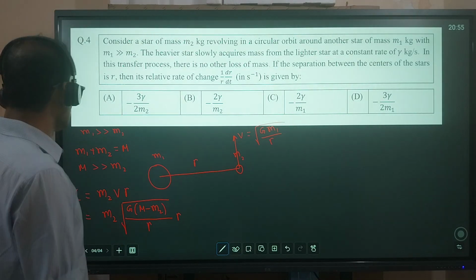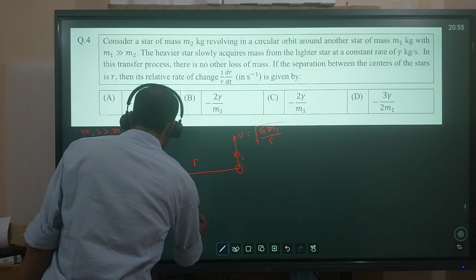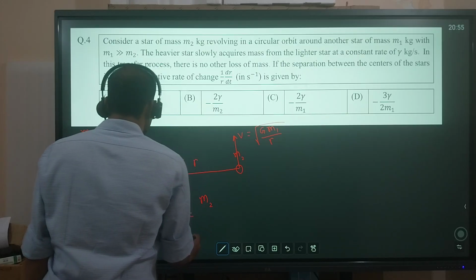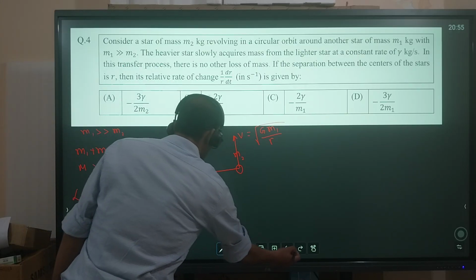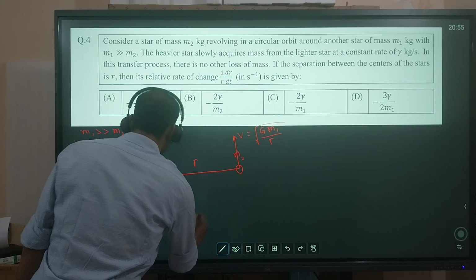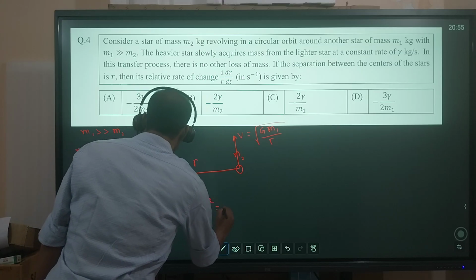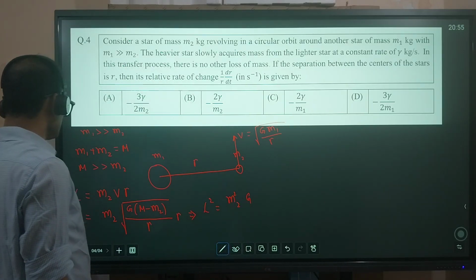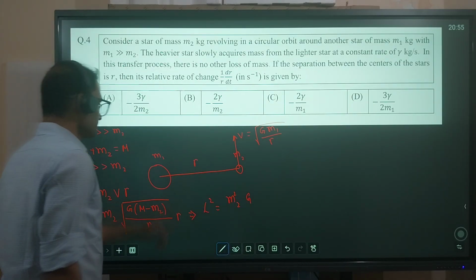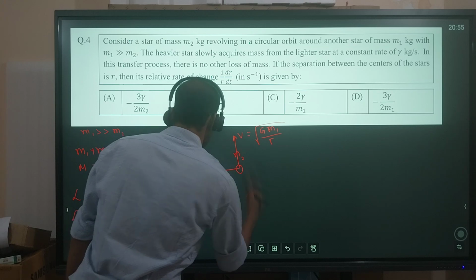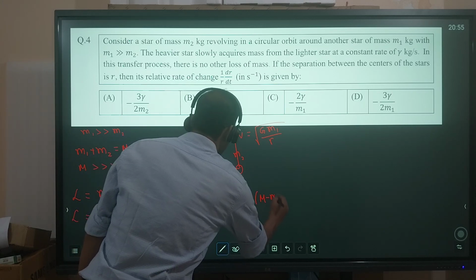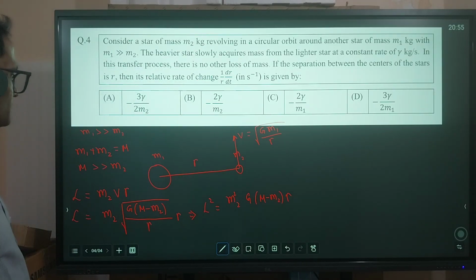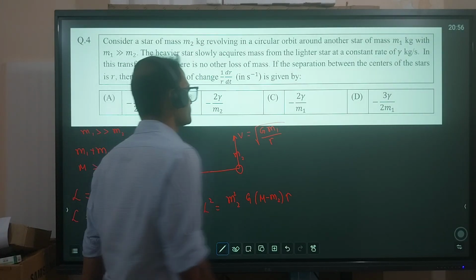If you simplify it, and I will square it also, you will get L square equals m2 squared g (M minus m2) by r. This m2 is squared, other things will not be squared, and this part is constant.